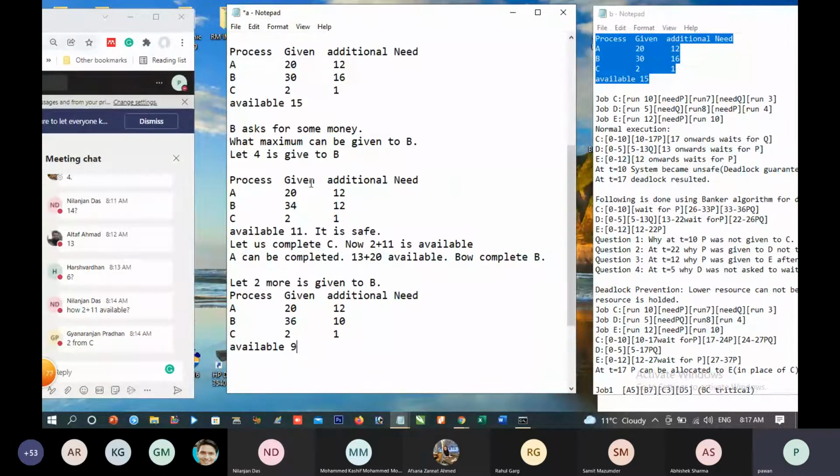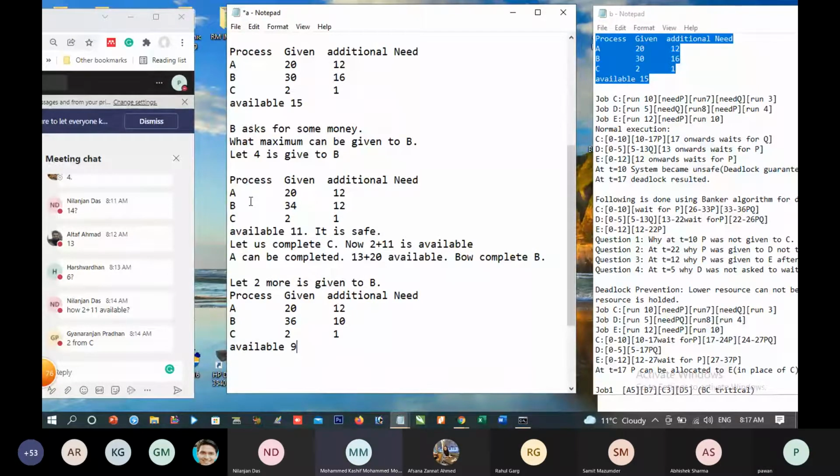And afterwards, 2 resources were already given to C. So 11 plus 2, 13 will be available. With the help of them, we can complete A or B one by one. Is it correct? What is the problem?